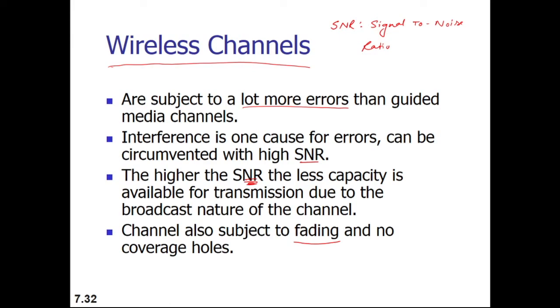We cannot say what the coverage of the signal is, because noise can badly affect the signal and the signal can be lost also. So this is the main thing for a wireless channel.